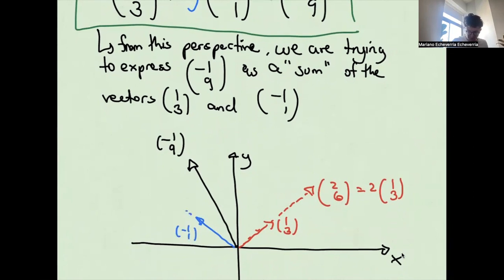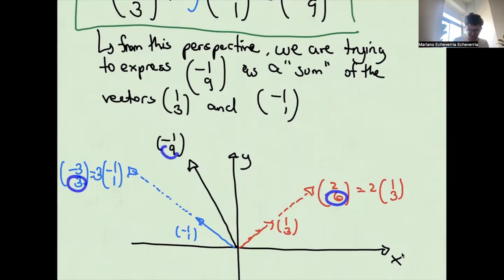And again, you have to rescale it first. So let me rescale it to get to negative 3, 3. Okay. And then if you add these new rescaled vectors, you get negative 3 plus 2, which is negative 1. Sorry, and then 3 plus 6, which is 9.